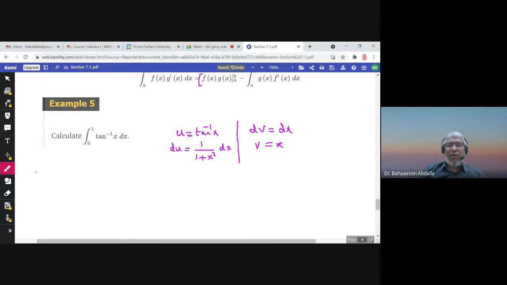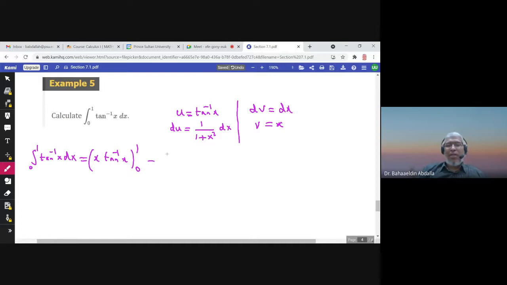So integral from 0 to 1 of tan inverse x dx would be equal to uv, which is x tan inverse x, and I can evaluate this from 0 to 1, minus integral from 0 to 1 of what? v du, which is x times 1 over 1 plus x squared, or x over 1 plus x squared dx.